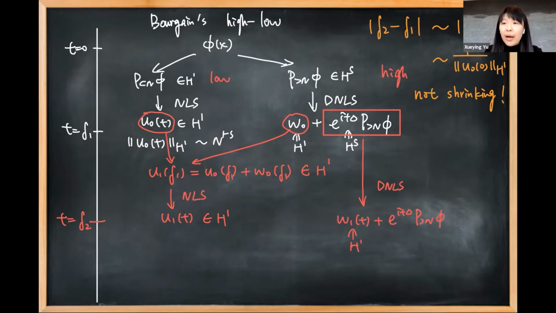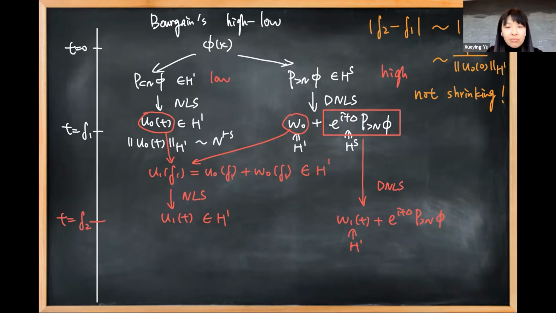My one remark here is that in the second iteration, actually the step length is not shrinking. The reason is that you only absorb a little bit, which is W0 here, into your initial data, and then the step length will still be dominated by this one. So there's no shrinking, which is good.